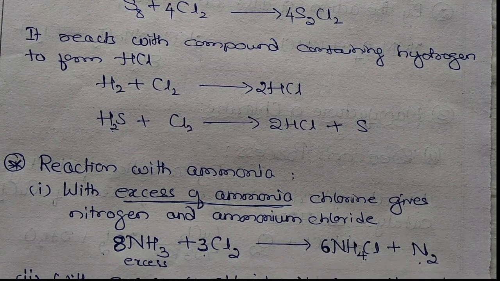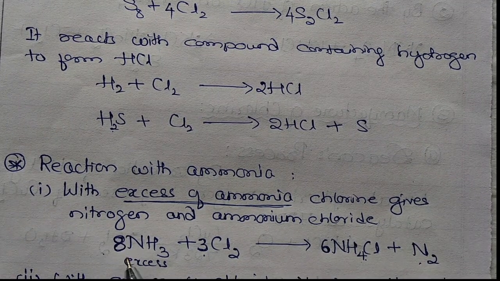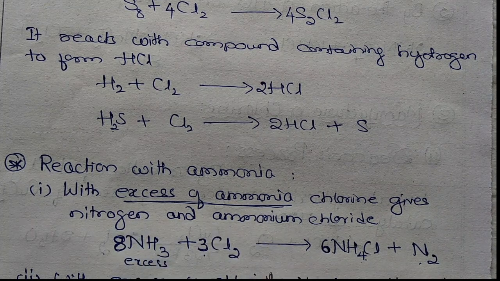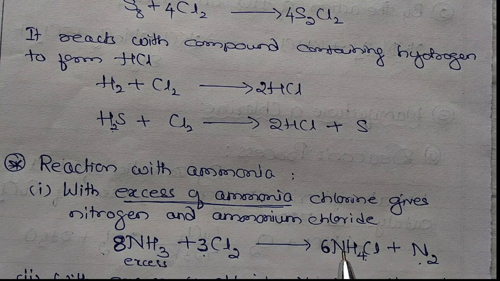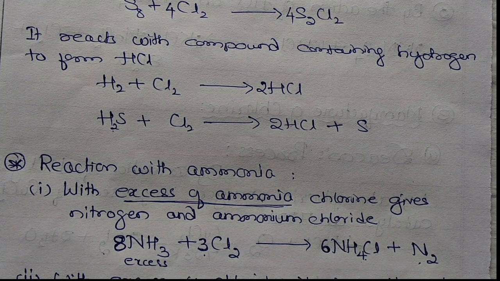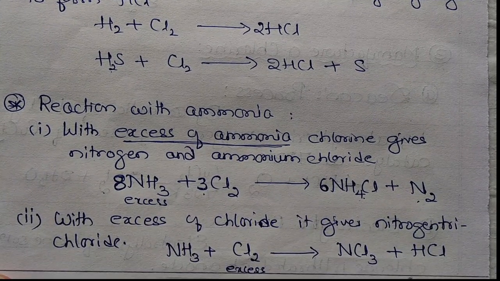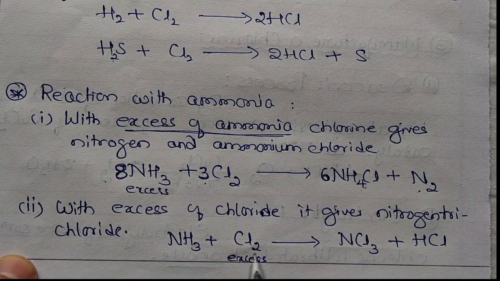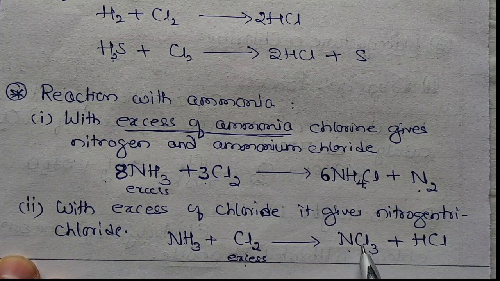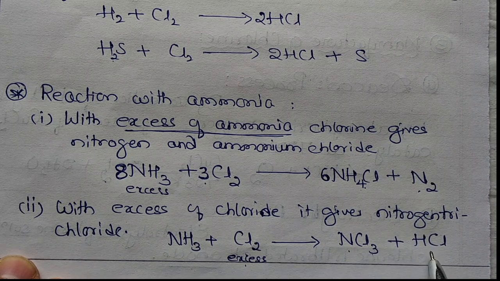The same question may be asked in another way. Instead of excess of ammonia, if excess of chlorine is there, what happens? Entirely different products are formed. When chlorine reacts with ammonia and chlorine is in excess, it gives one of the explosives known as nitrogen trichloride. The reaction is NH3, ammonia, with excess of chlorine, gives nitrogen trichloride NCl3, and HCl gas is liberated.